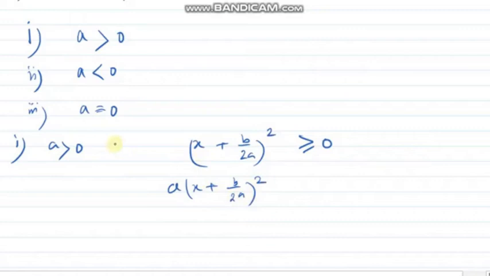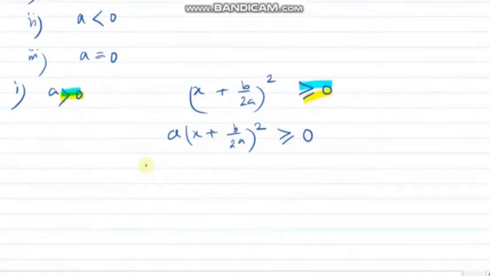I am getting the product of 0 and positive number, or positive number and positive number. If I take greater than 0 and only greater than 0, then I am getting a positive number. And if I take greater than 0 and equals to 0, then I am getting equals to 0. So the product will be greater than equals to 0, right?